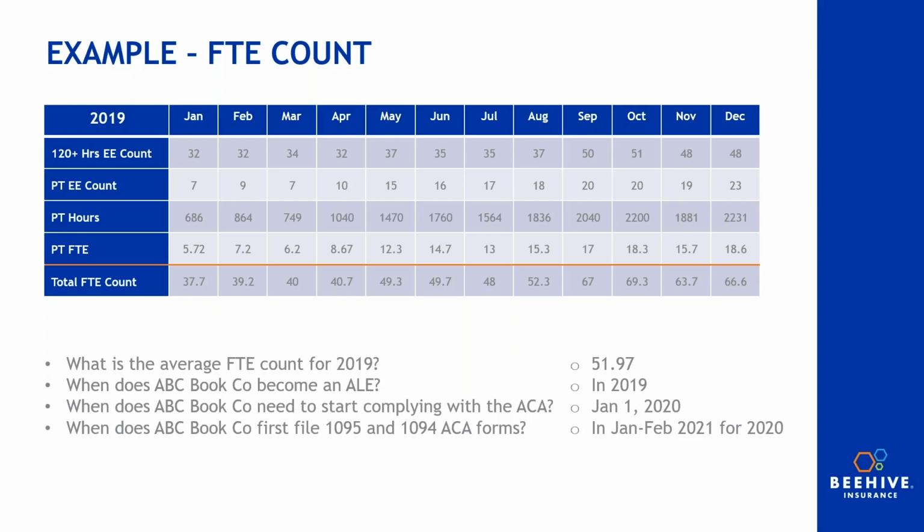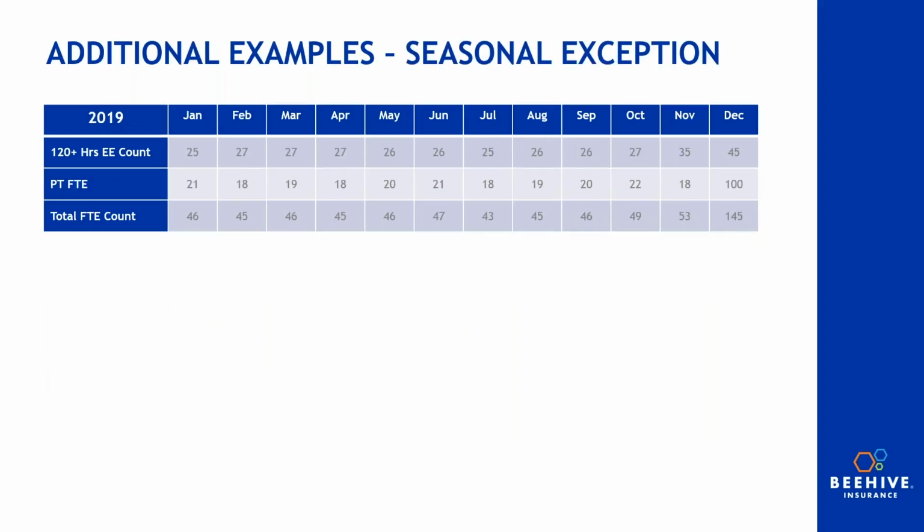Let's go through another example. This is a seasonal example. So we have skipped a few steps in our FTE counting. We have just counted all of our employees who worked 120 or more hours in a month, and we have counted our part-time, full-time equivalent count. You will notice that there is an absolutely massive jump in December.